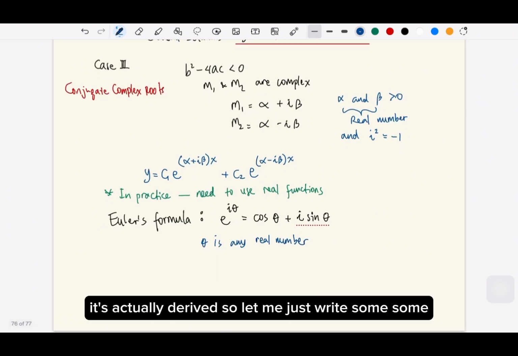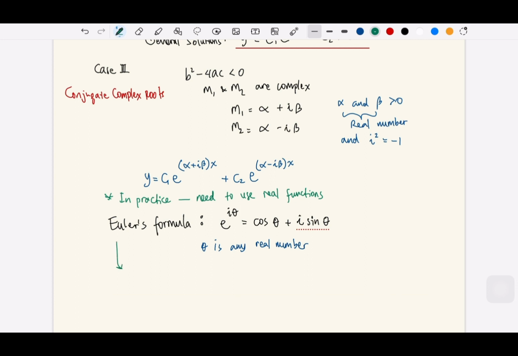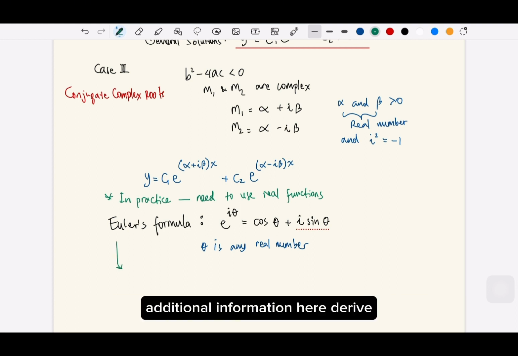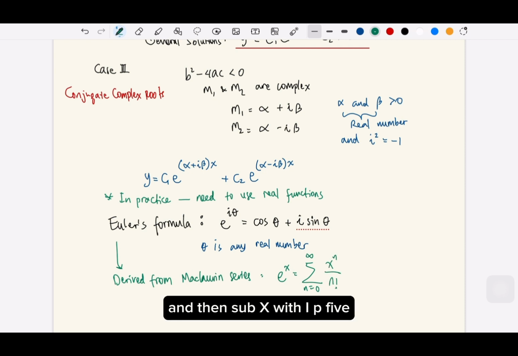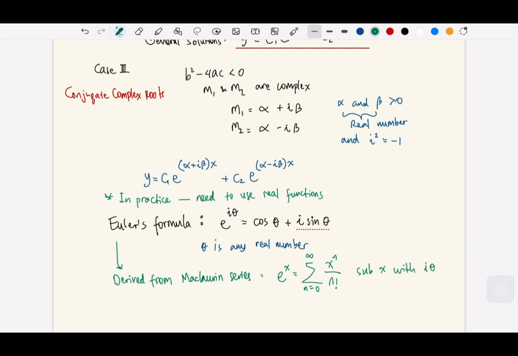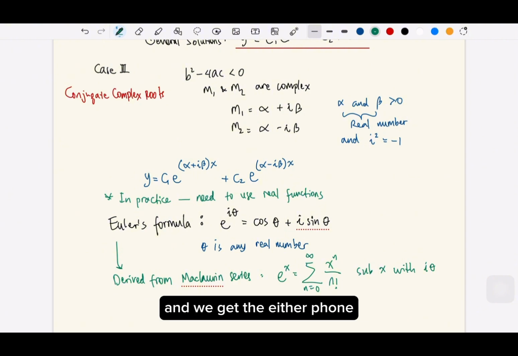It is actually derived from the Maclaurin series of e to the x: substitute x with i theta, then rearrange the structure and we get the Euler formula.